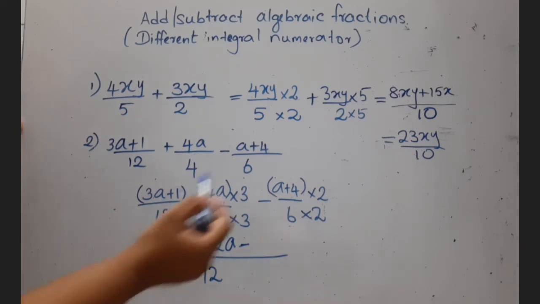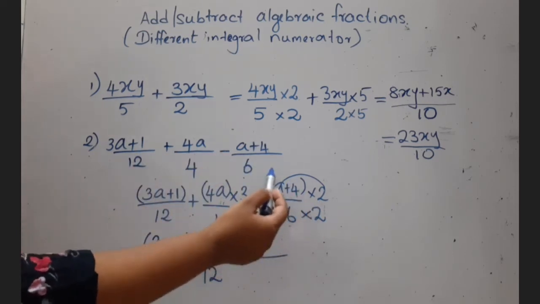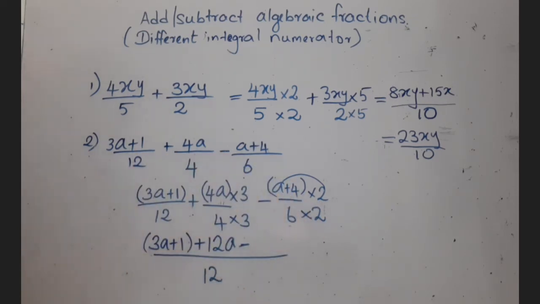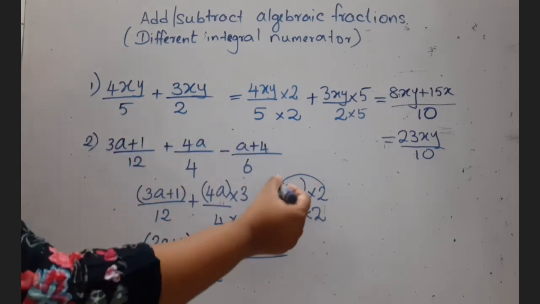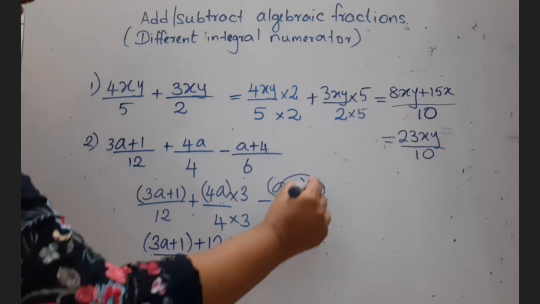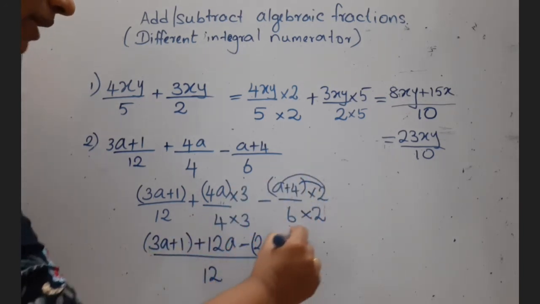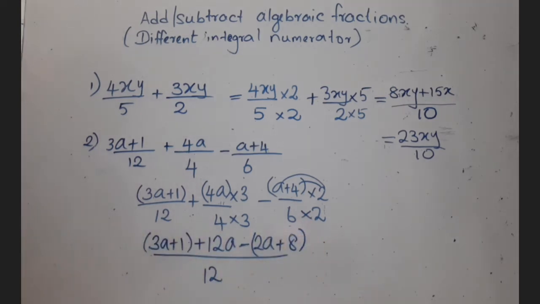Am I right? So 2 into a, you know how to expand this, right? So 2 should multiply all the terms within the brackets. So 2 into a becomes 2a plus 2 into 4 becomes 8. And that must be written within the brackets.